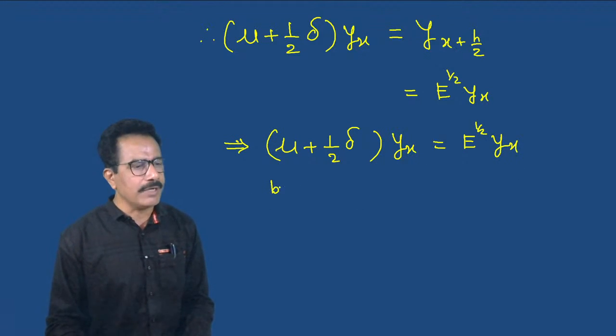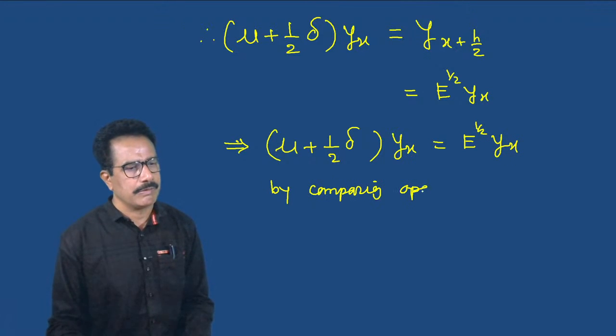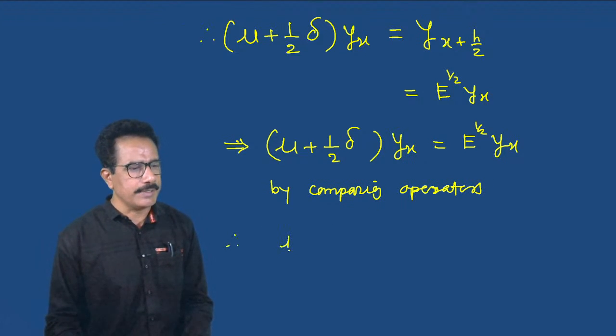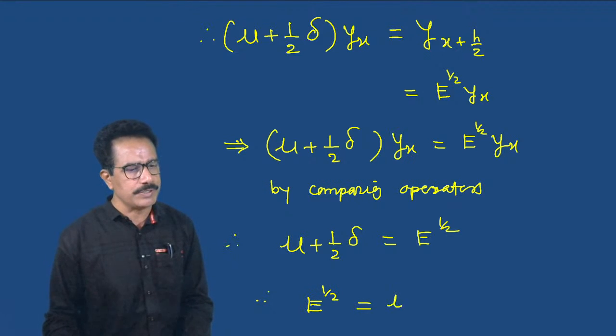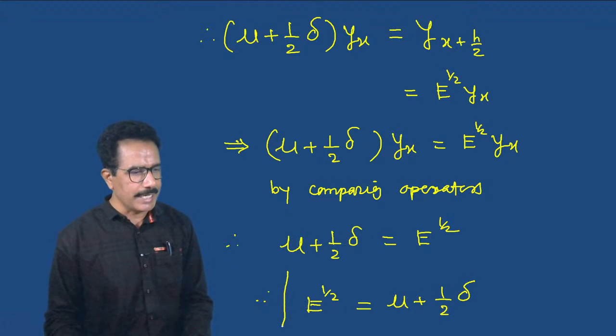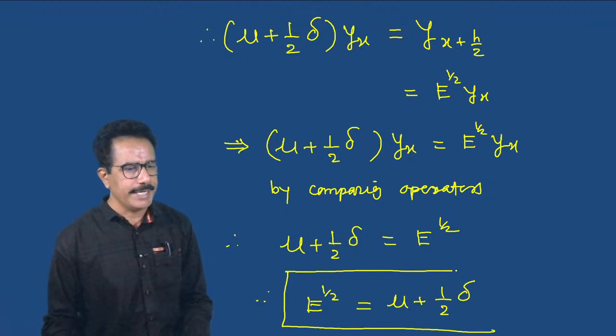By comparing operators, we can write mu plus 1 by 2 delta is equal to e raised to 1 by 2. So e raised to 1 by 2 is equal to mu plus 1 by 2 delta, and hence proved.